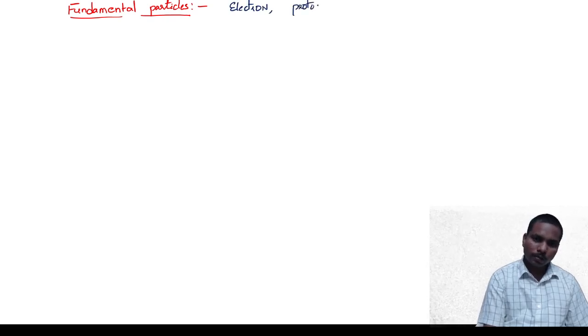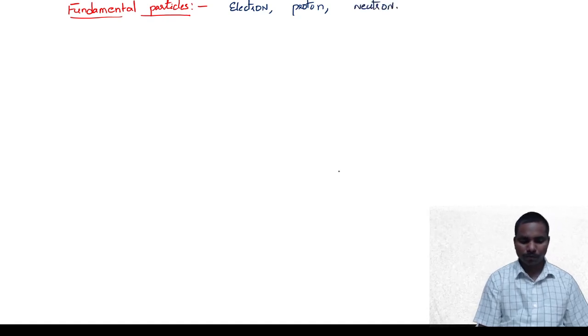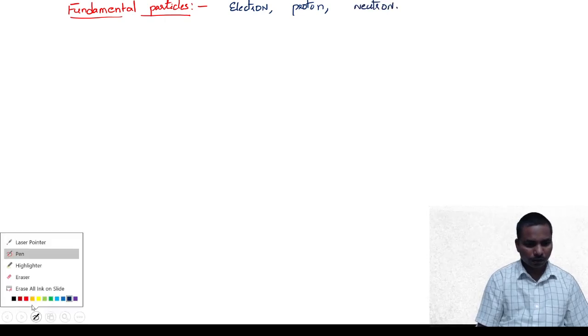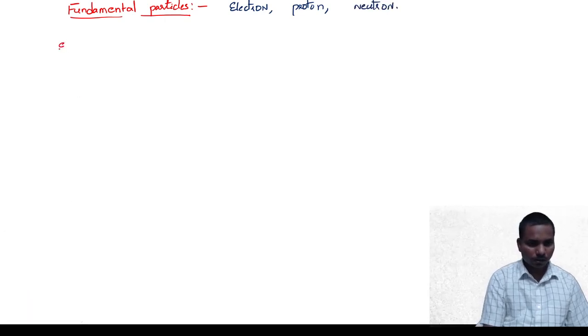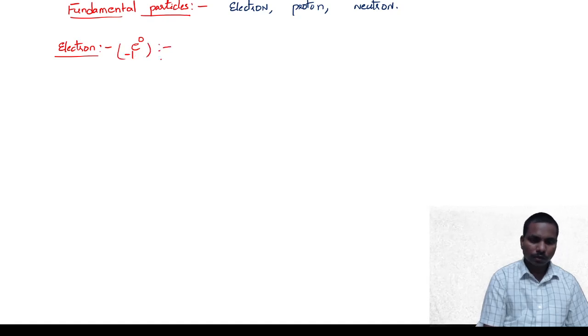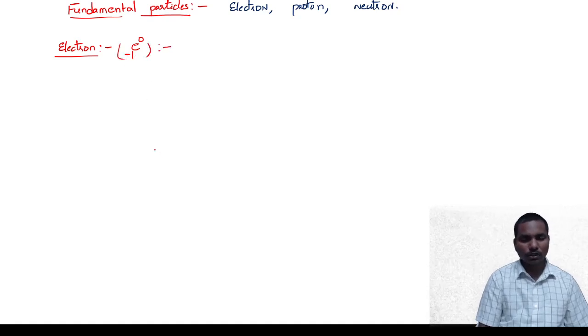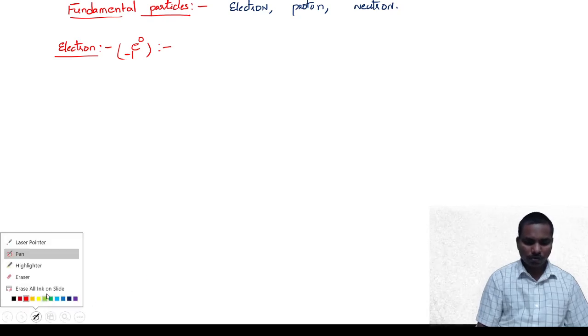Coming to the first one, electron. We denote the electron like e power 0 minus 1. That minus belongs to its negative charge. These electrons are discovered in the cathode ray experiment.